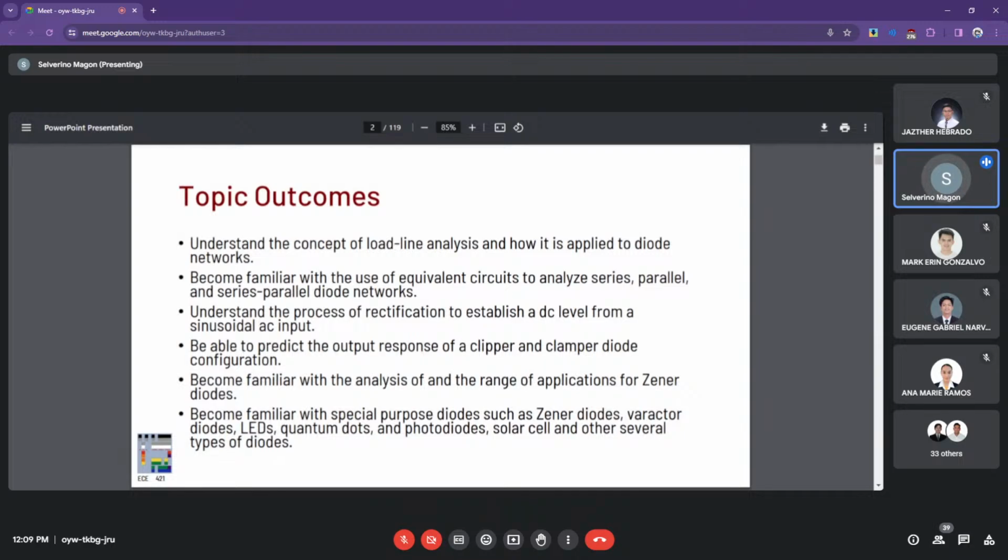Then we will understand the differences in DC and AC level inputs, and in a future section of the slides we will have the clipper and the clamper configurations, as well as the applications for the Zener diode. So that's what I was trying to refer to earlier.